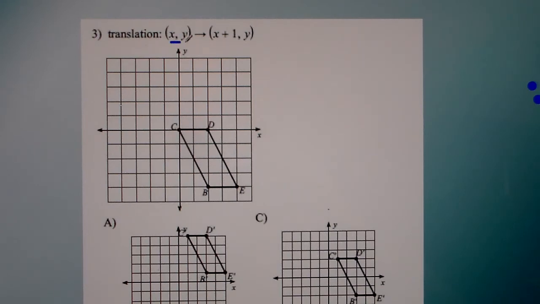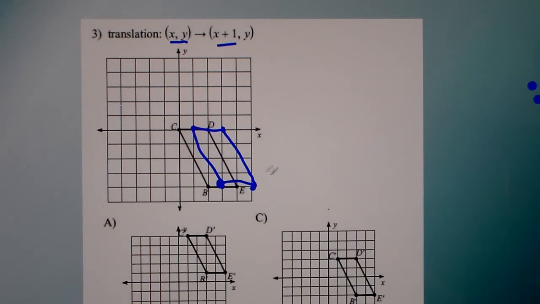So in this figure, we're going to take our original coordinates, what we have here in black, and we're going to move it to the right 1. And we're not going to go up and down because we're doing nothing with the y. So C, move to the right 1 is here. D, move to the right is D prime right there. B, and there's your B prime. And here's your E prime. So this little parallelogram is moved to the right 1.